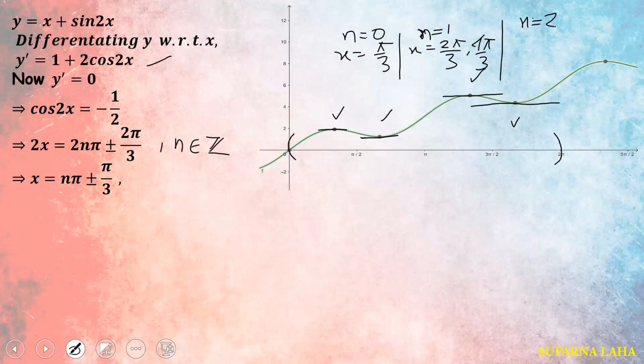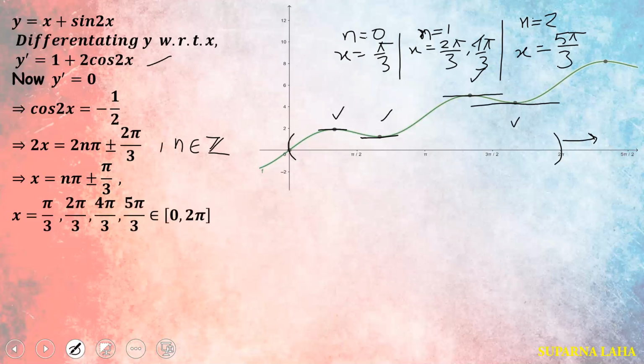So 2 pi plus minus pi by 3. 2 pi plus pi by 3 is outside this region, so we will not consider it. We will consider only 2 pi minus pi by 3, that means 5 pi by 3. So these are 4 points given by pi by 3, 2 pi by 3, 4 pi by 3 and 5 pi by 3 in this region 0 to 2 pi.